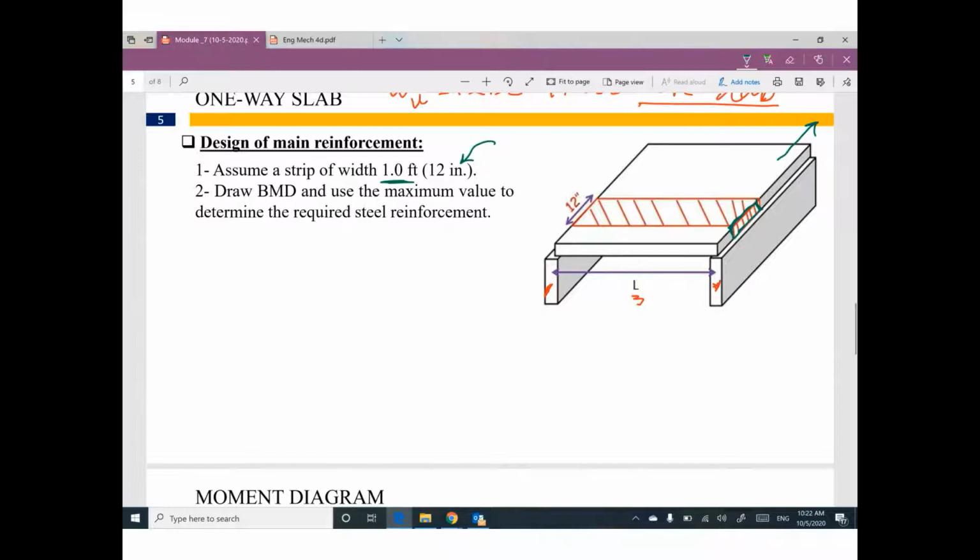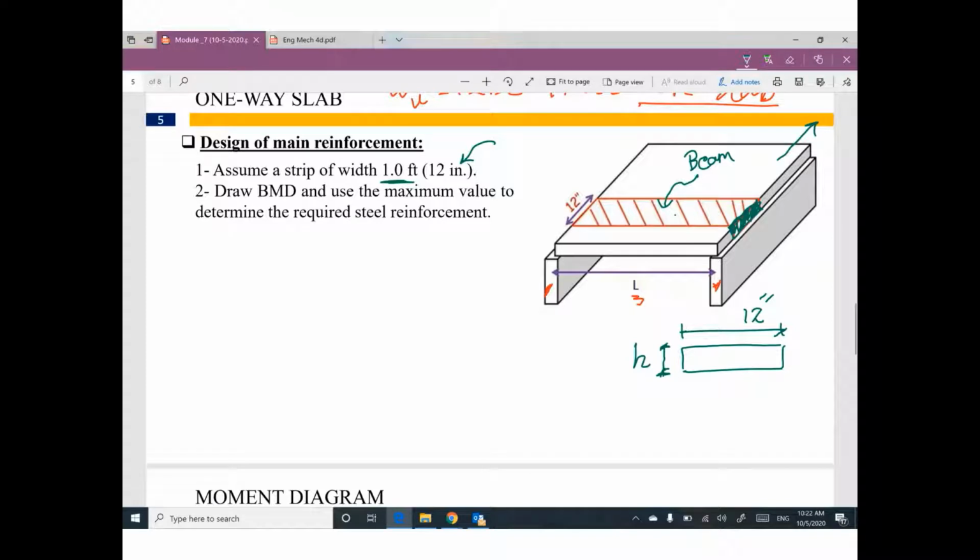And assume this strip looks like a beam. Why not? We have a beam with a cross section. Which cross section? This cross section. Here you go. We have a cross section like this. This width is 12 inches. This overall depth is the thickness. That's right.